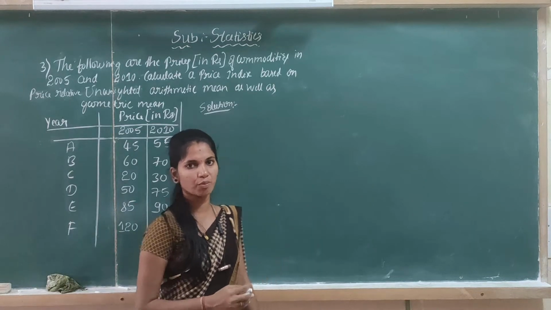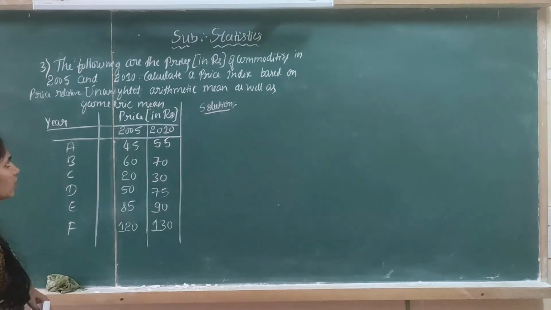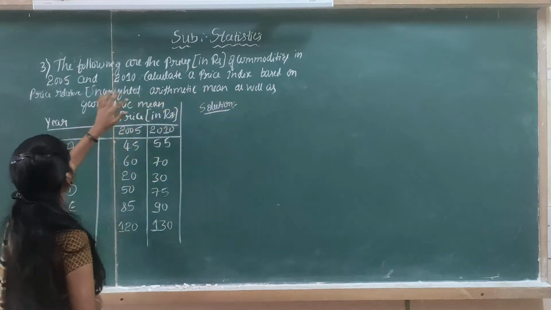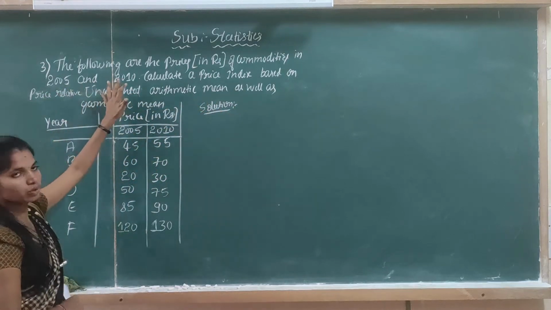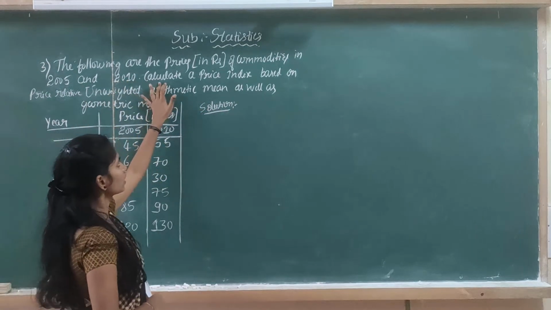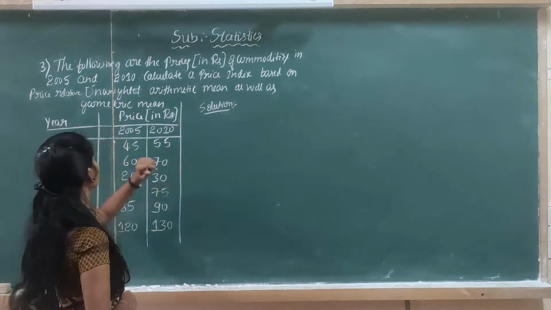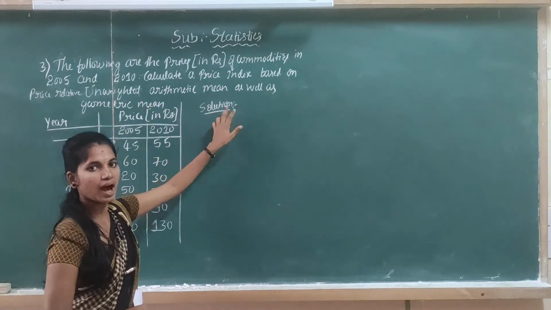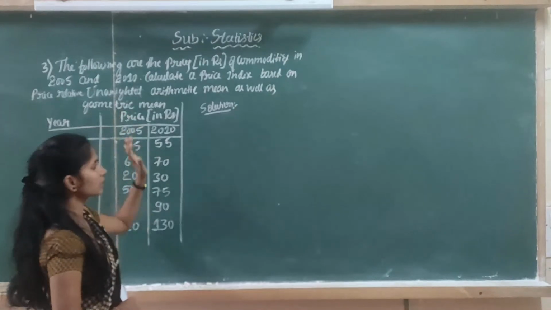And the next problem is: the following are the prices of commodities in 2005 and 2010. Calculate a price index based on price relative, unweighted arithmetic mean as well as geometric mean.